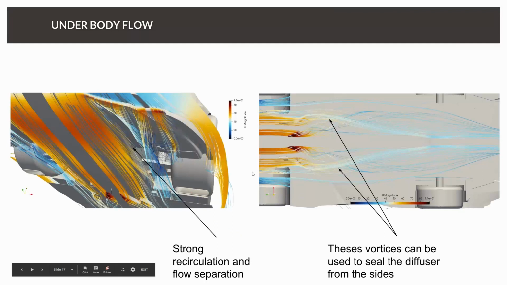Now let's take a deeper look at some of the streamlines. At the front splitter, we have strong recirculations and flow separation effects. This edge is splitting up the flow, and these structures right now are not really enhanced and controlled, but we can use them by modifying the shape of the front duct to optimize how the flow is interacting with the rear wheel.